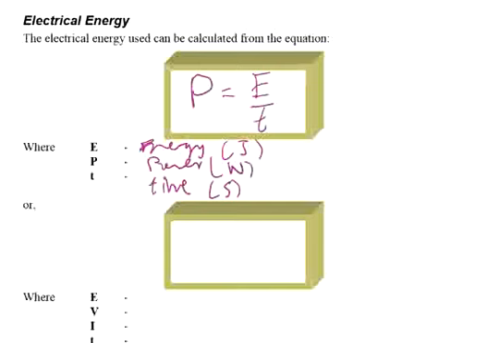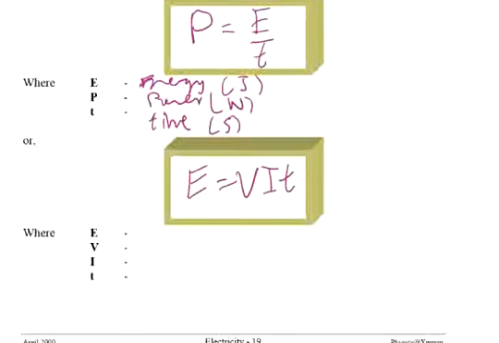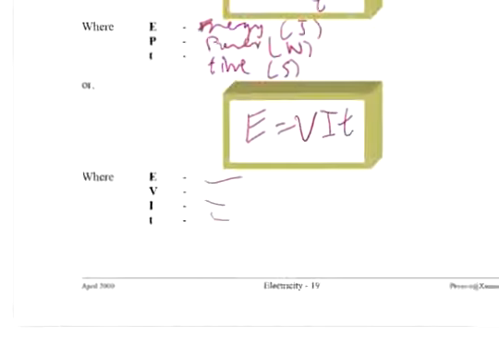And then the formula can be used as E is equal to VIT. You can put in over here energy, voltage, current, and time, the unit. I know you guys can do it. So next slide.